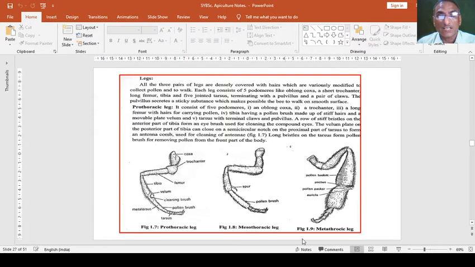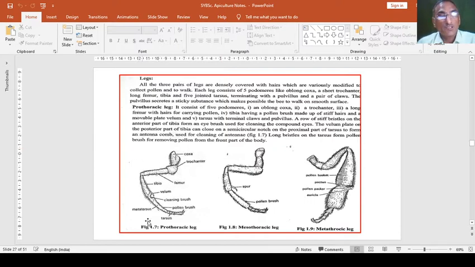Two claws are there at the tip of the leg. The pulvillus secretes a sticky substance which makes it possible for the bee to walk on a smooth surface, helping it attach to smooth surfaces like glass or stones.